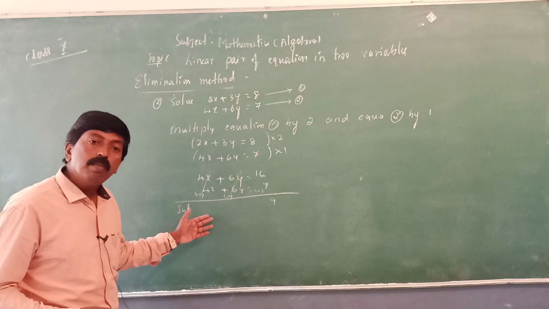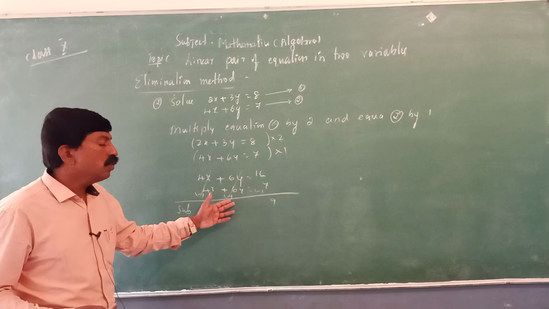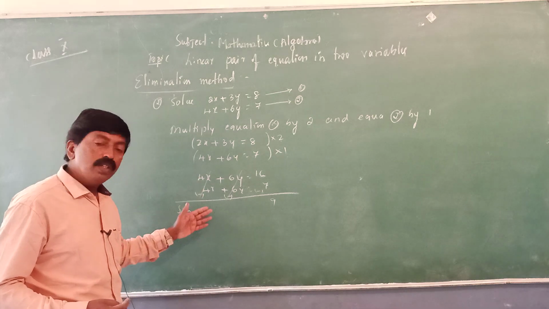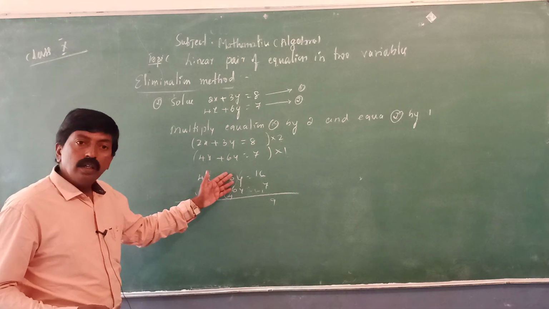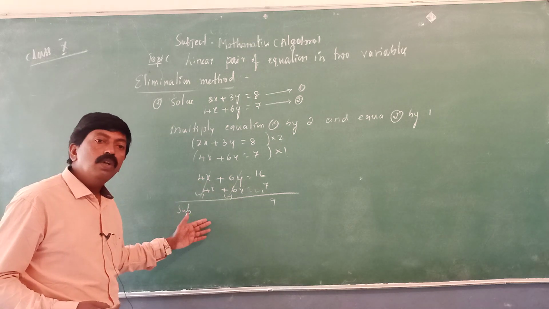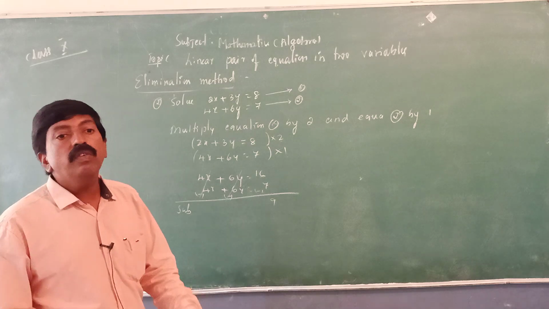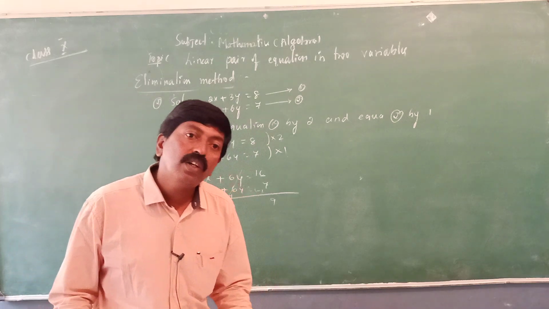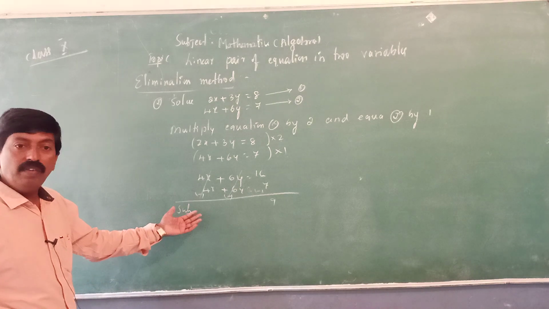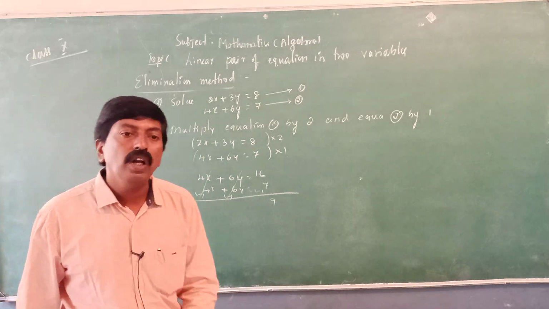So it's not possible to find the x value and y value because a1 by a2 is equal to b1 by b2. The two lines never intersect each other. Got this idea? That one we will continue next.